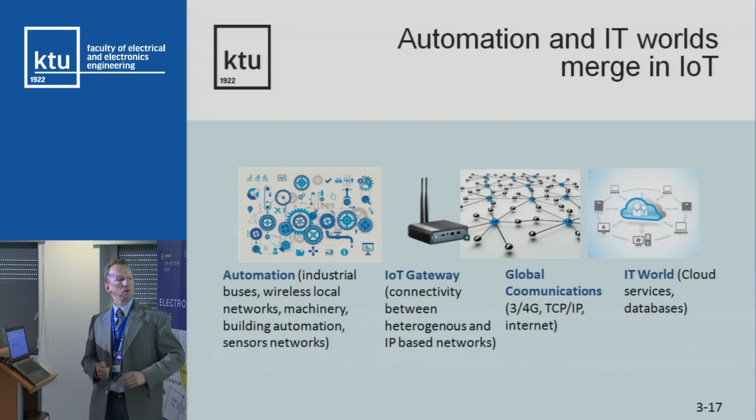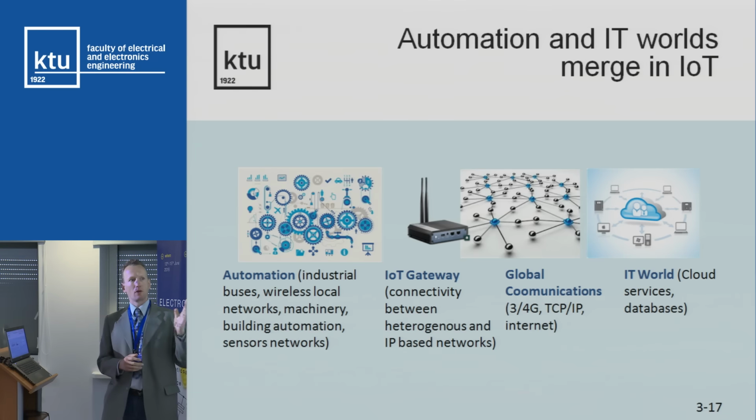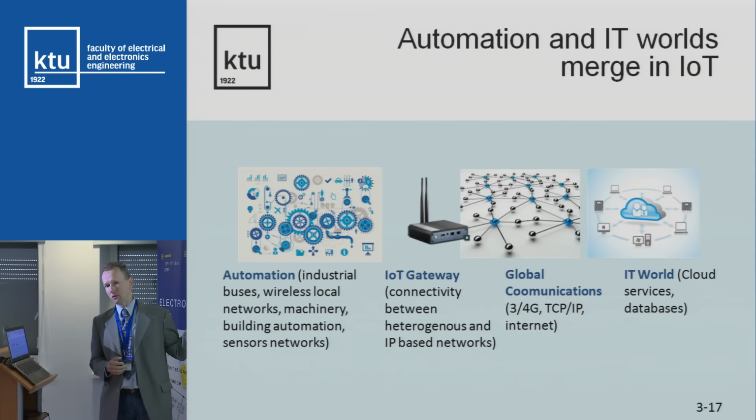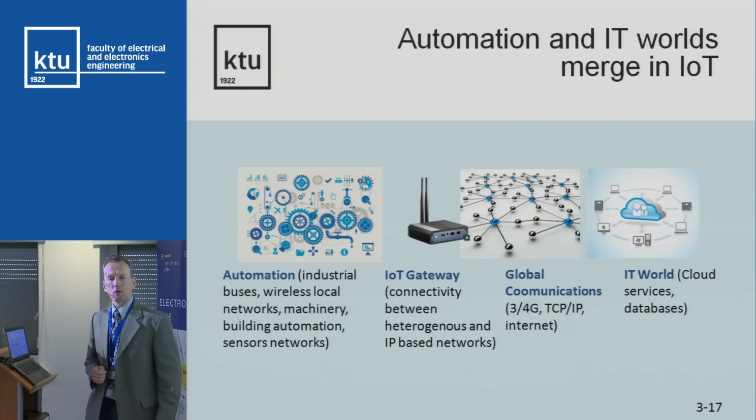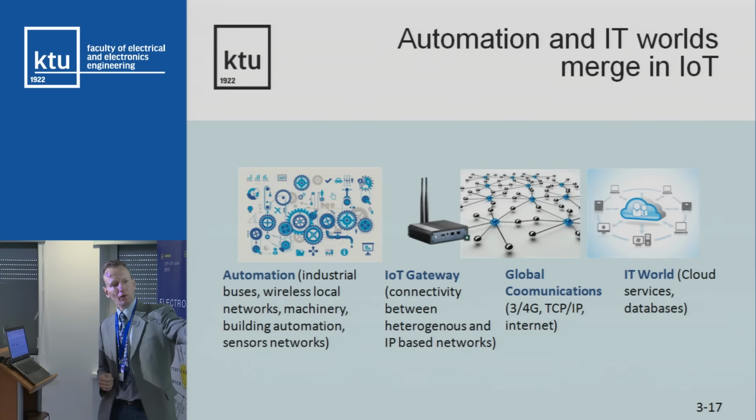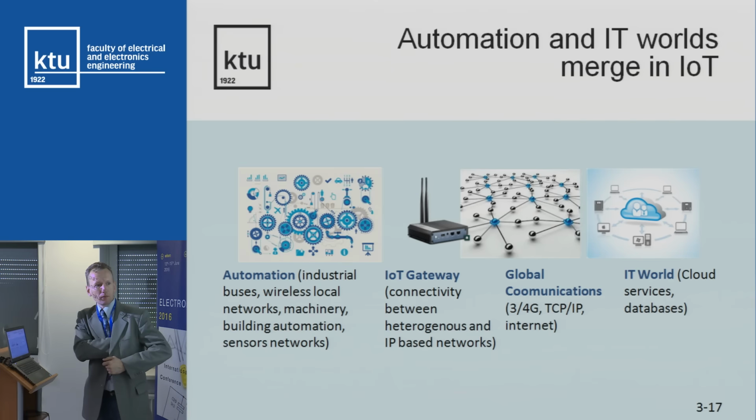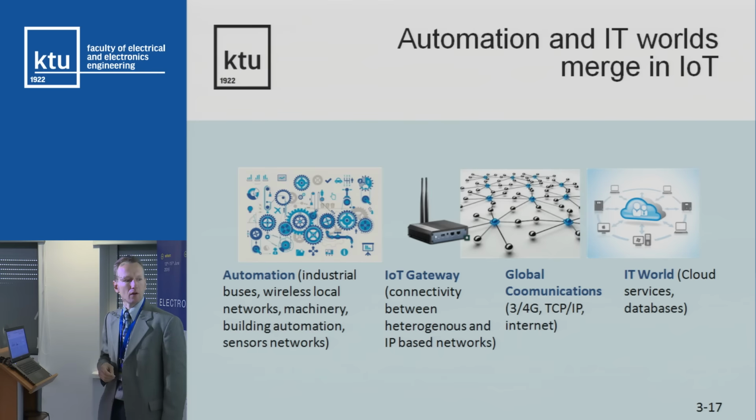In the middle we usually have this Internet of Things gateway, which ensures connectivity between this variety of networks on the field side and connects them to global communication networks, which are internet-based or 3G and 4G.